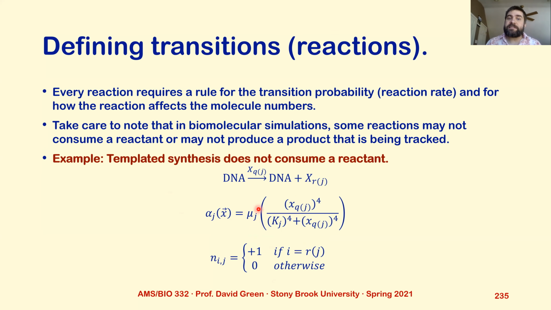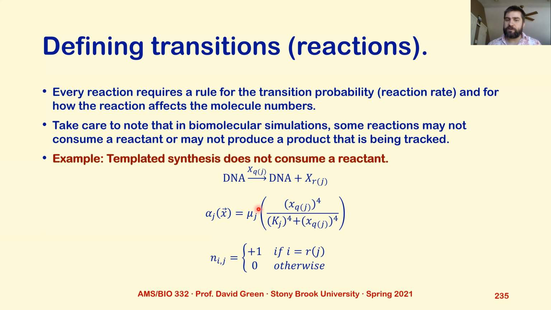Similarly, templated synthesis of RNA from a DNA template, synthesis of protein from an RNA template. These don't consume reactants within our model. They actually do consume reactants, individual amino acids and individual nucleotides, but we're not keeping track of those.